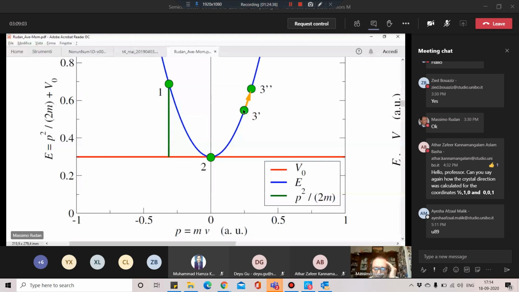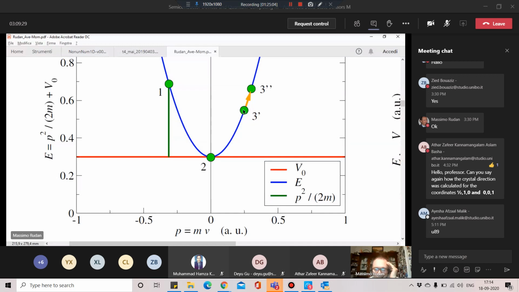Now, assume that at some point there is an external perturbation that acts on the particle and changes the motion. Like you are a spectator, you see the particle that is coming near you, you kick the particle, and increase the velocity of the particle because you perturb the motion.